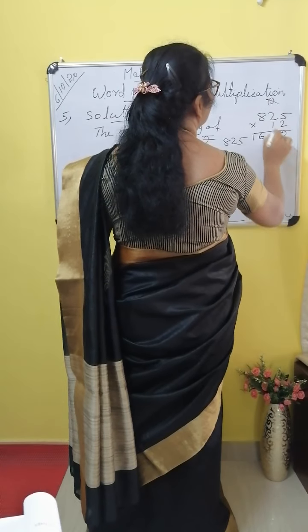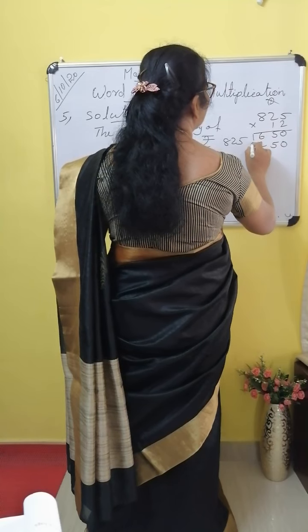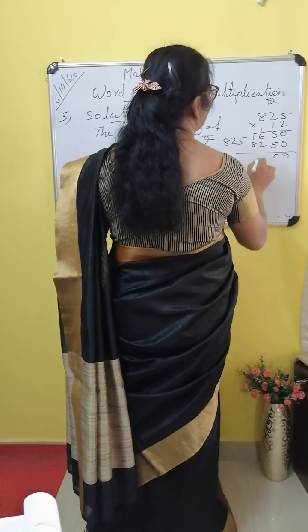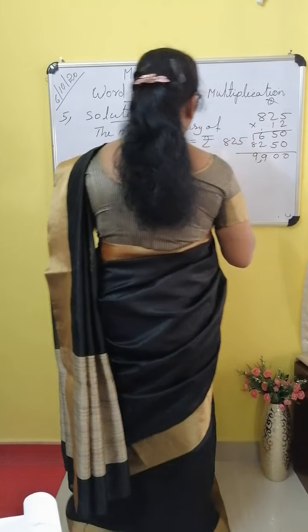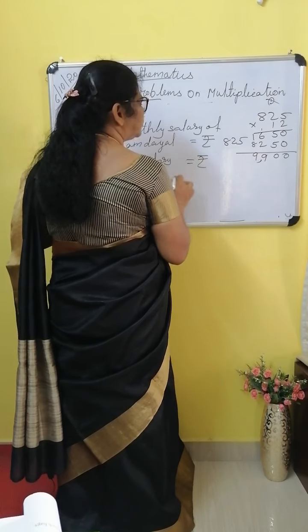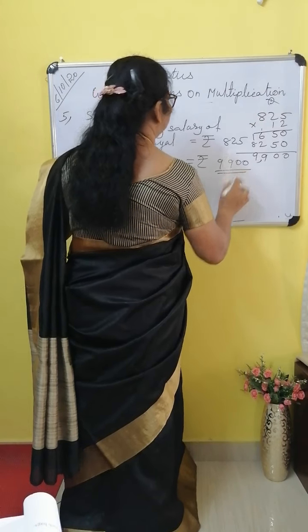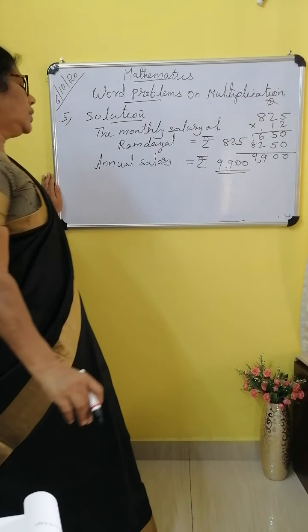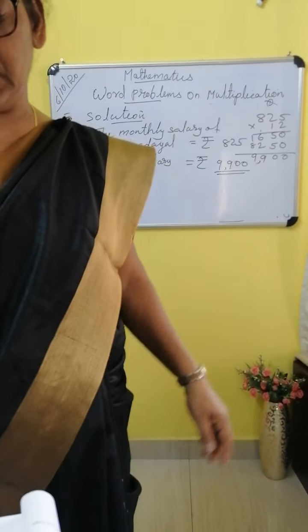Next, put 0. 1 5 is 5, 1 2 is 2, 1 8 is 8. Here 0, 10, 1 remainder. 6 plus 2, 8 plus 1, 9. So, rupees 9,900. Put 1 comma. 9,900 rupees he will get as annual salary. Understood?